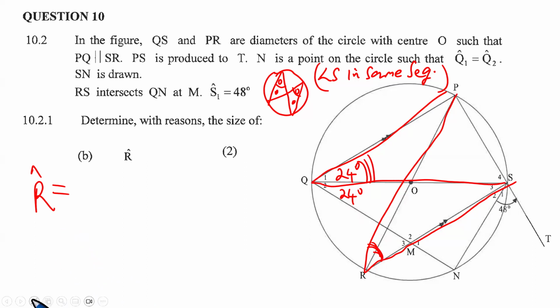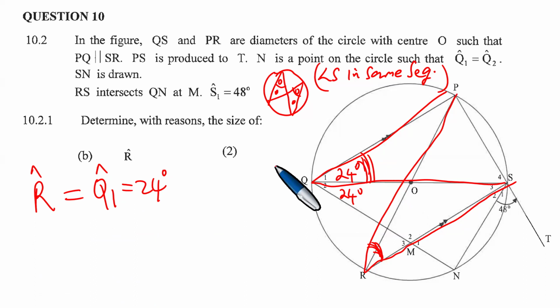So angle R is equal to angle Q1, which is 24 degrees. Why is angle R equal to the angle Q1?